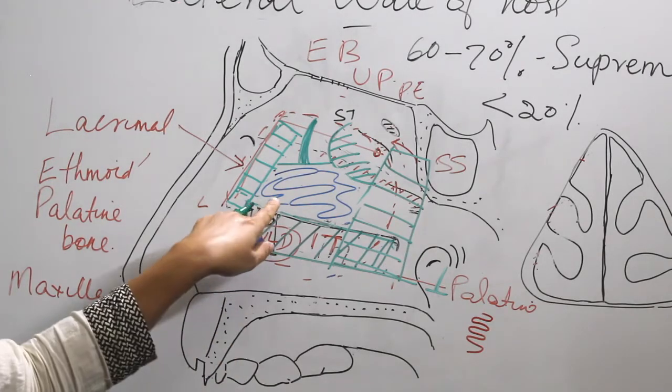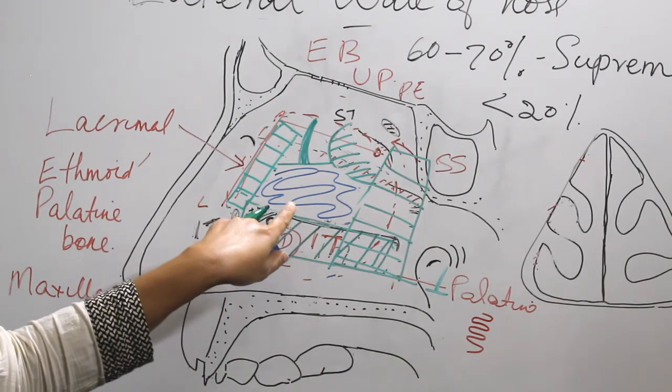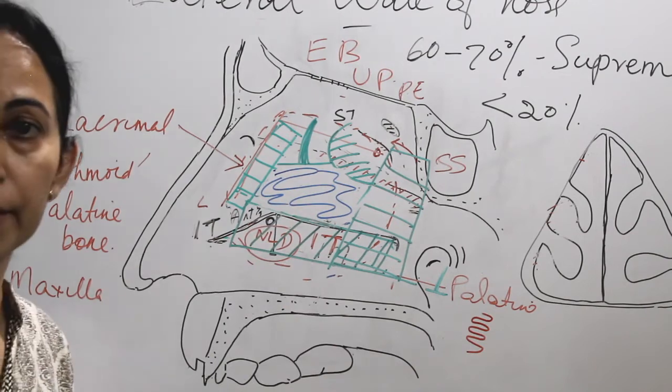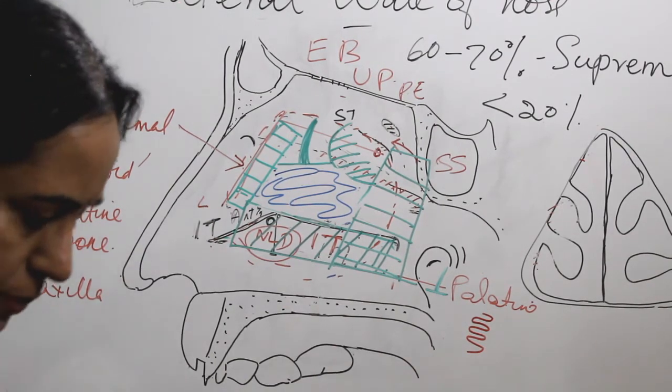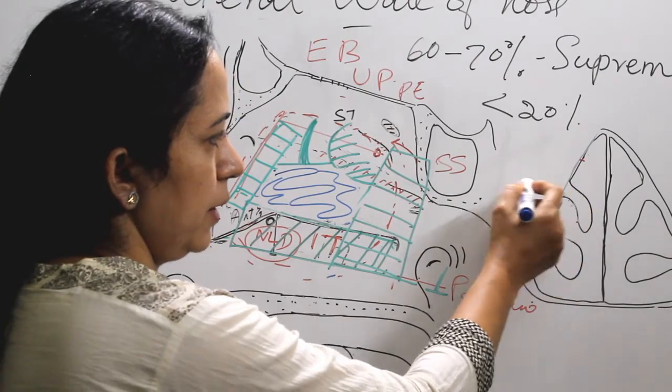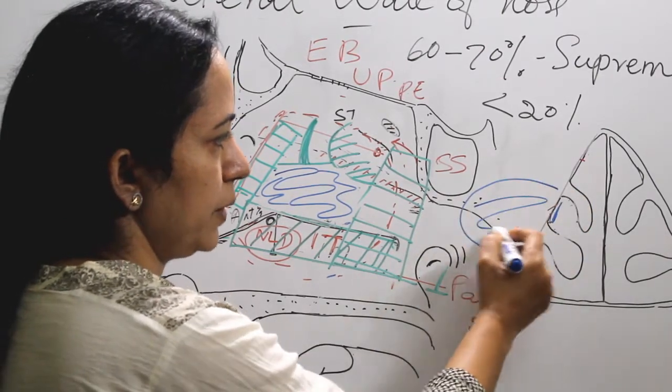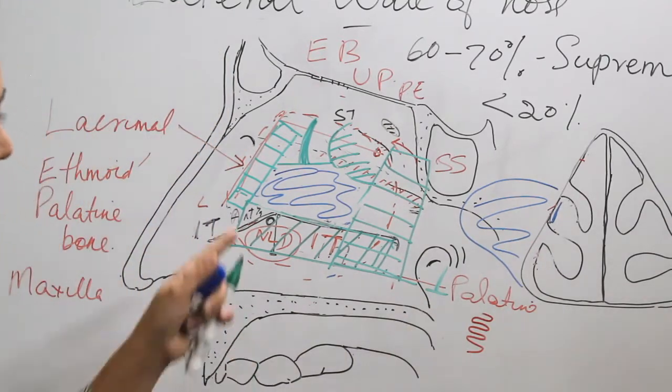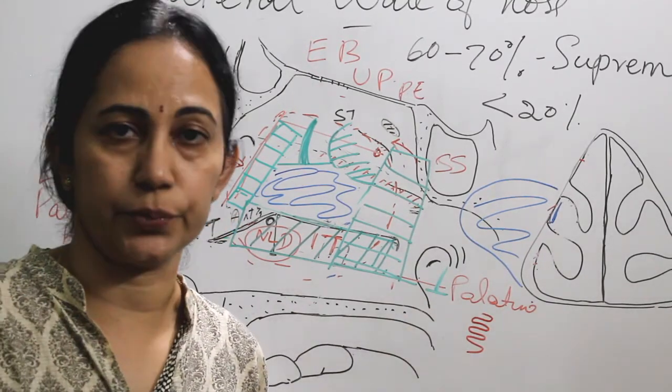Okay, so that forms the membranous part, and this membranous part is filled by the mucous membrane of the lateral wall of nose, then by the mucous membrane of the maxillary sinus, and also by some connective tissue.